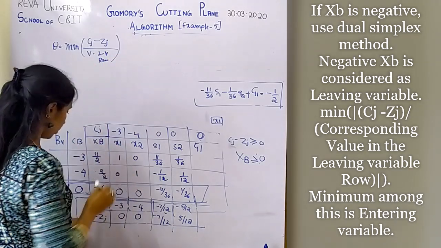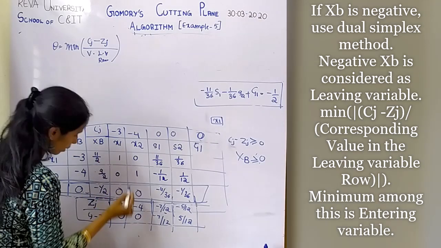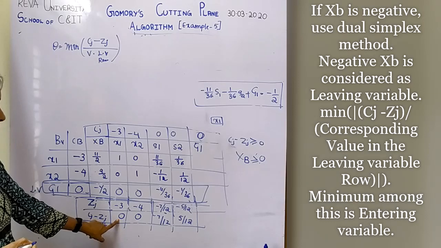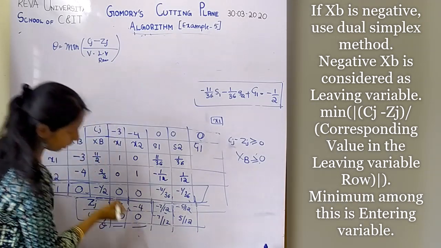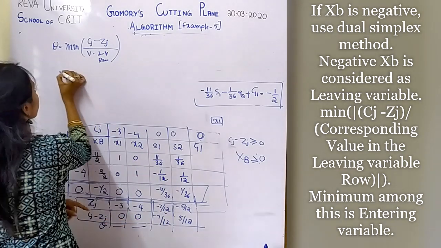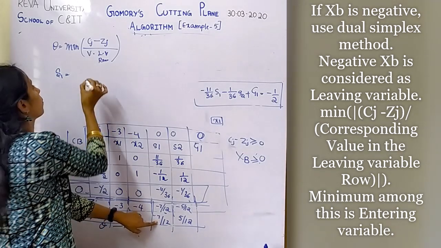Now, what is the Cj minus Zj value here? I will write the theta values here. What is this Cj minus Zj? 0. So this will be represented as hyphen and hyphen. What is Cj minus Zj for S1? For S1 it is 7 divided by 12.